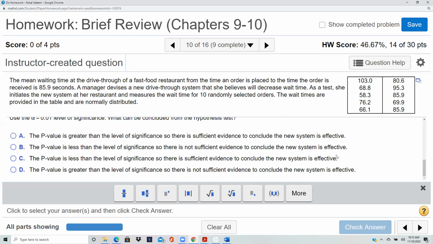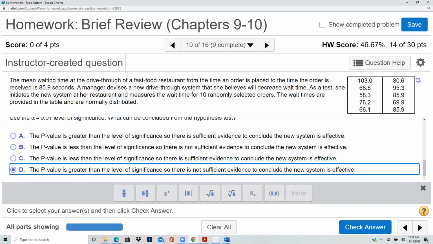Would it be D? Because when you don't reject, then you don't have evidence.